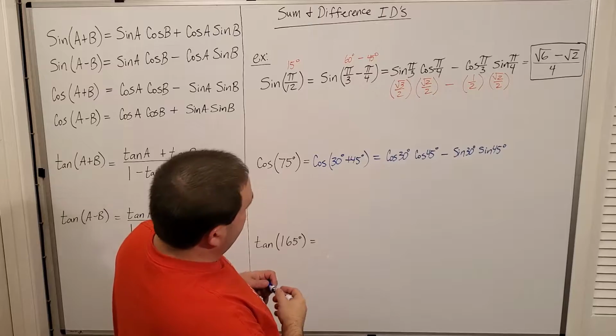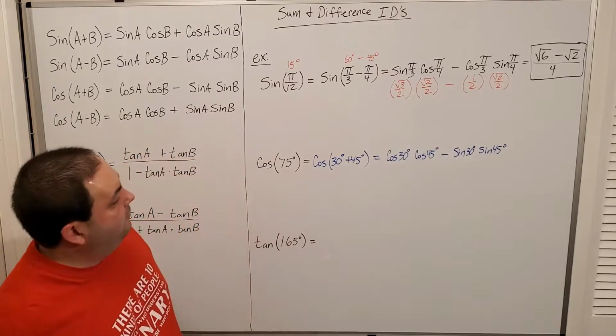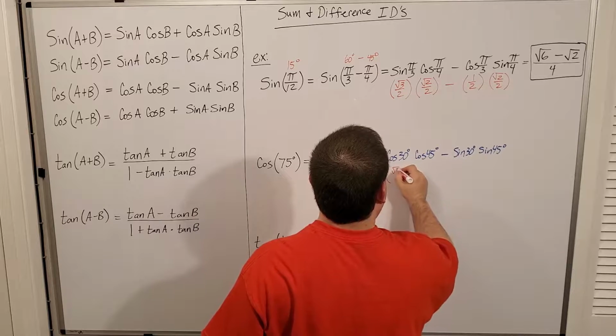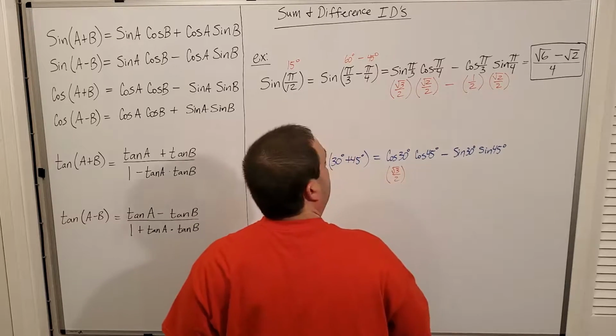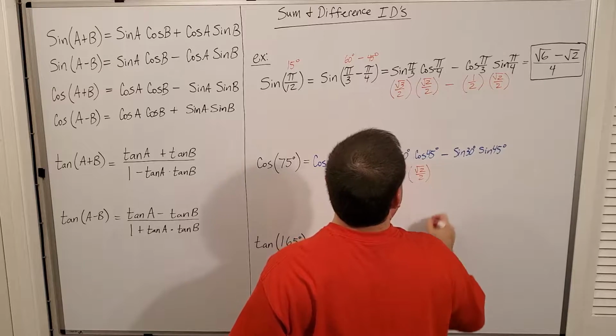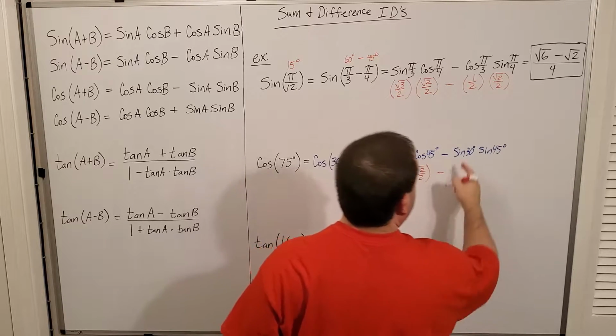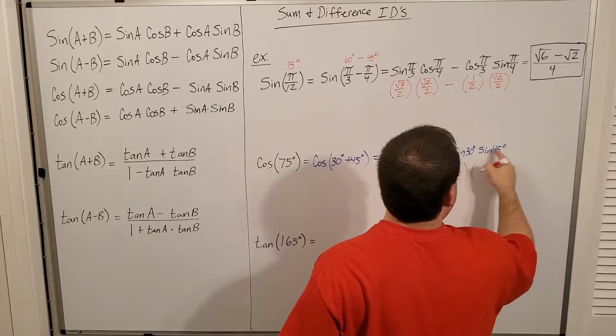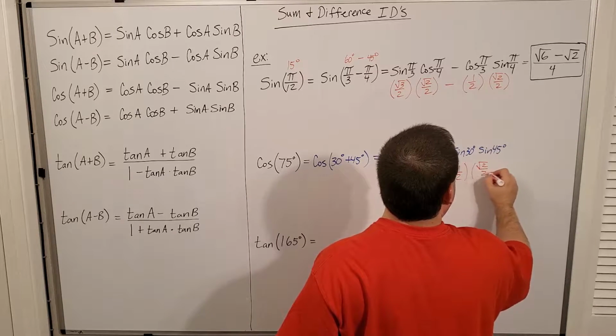Okay, so the cosine of 30 degrees is square root of 3 over 2. Cosine of 45, square root of 2 over 2, minus sine of 30 is 1/2 sine of 45 square root of 2 over 2.